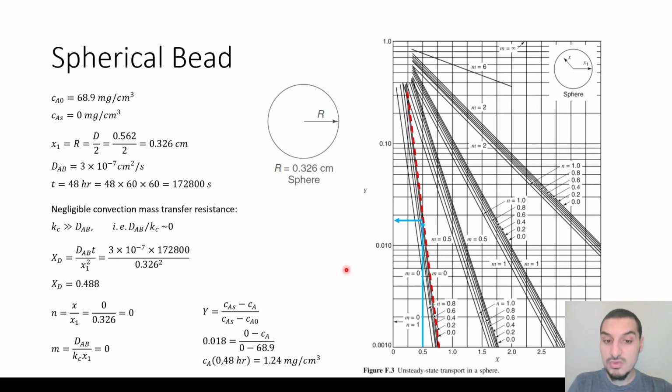It's going to be close, but it might not be the exact value. So this is going to be 0.018, which is equal to CAS minus CA divided by CAS minus CA node. So from this I can calculate the value of CA at R equals 0 and at T equals 48 hours, which is 1.24 milligram per centimeter cube.